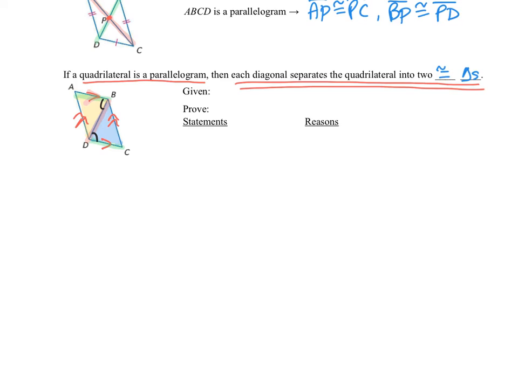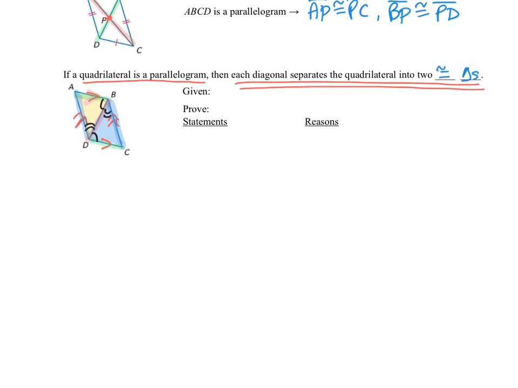So now, let's make AD and BC blue. Look at these blue parallel lines, and again, look at the pink transversal. So when we have parallel lines cut by a transversal, again, alternate interior angles are congruent. So I can mark this angle congruent to this angle, okay?